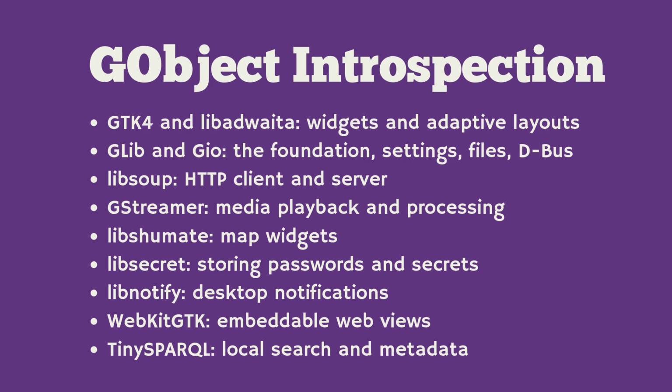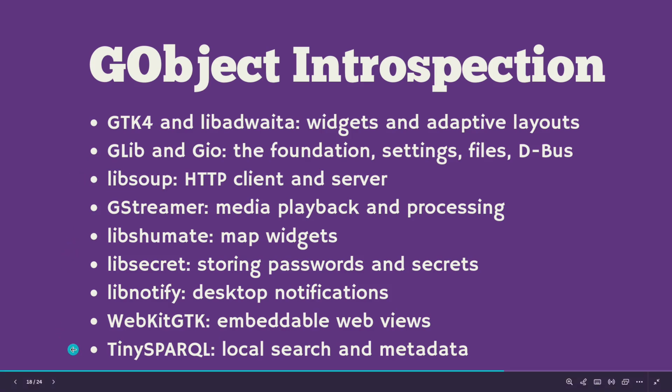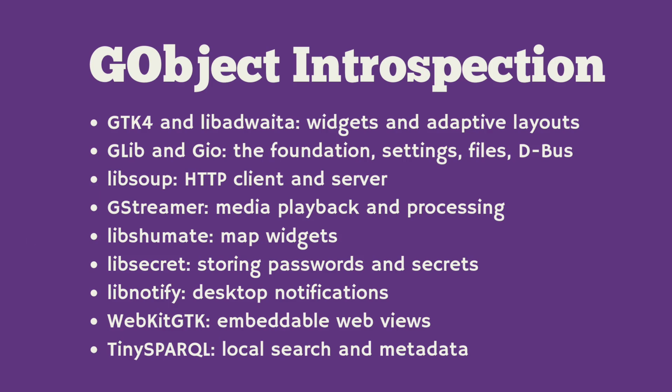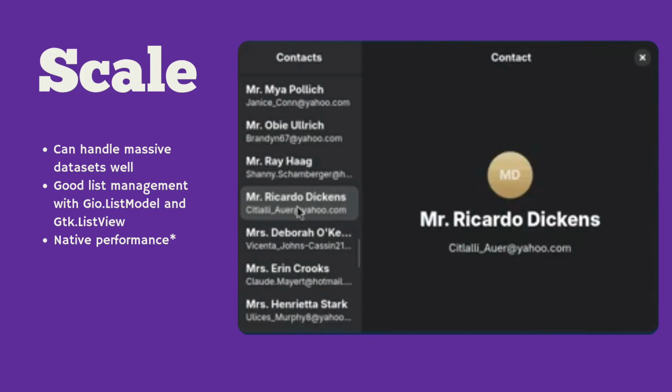And you also have access to a whole different set of libraries which you can use in your application to get started quickly without re-implementing everything. So with Pichi, you have access to both GObject introspection libraries and also NPM libraries to get you started faster.